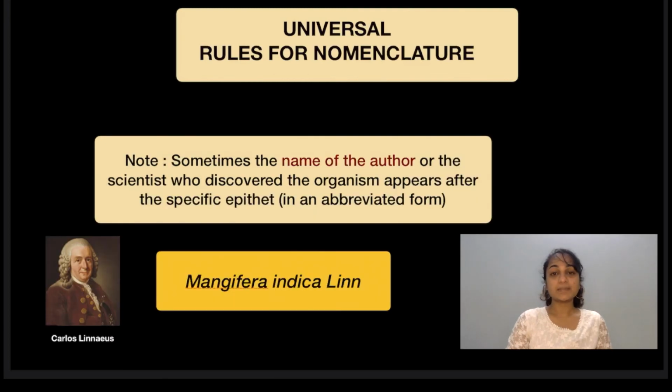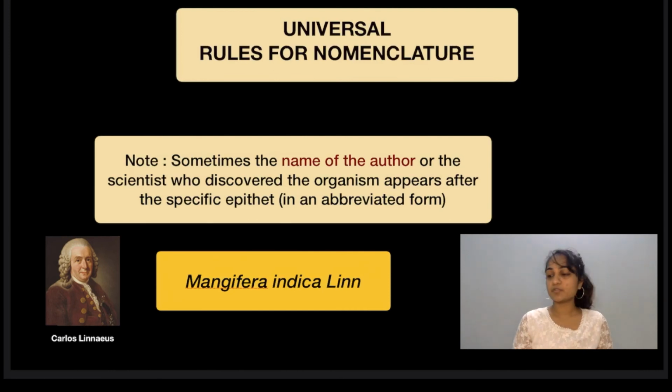Something else that is important to note is that sometimes the name of the author, that is the person who discovered this organism, is given some attribution, some credit. His name is abbreviated and appended to the specific epithet.